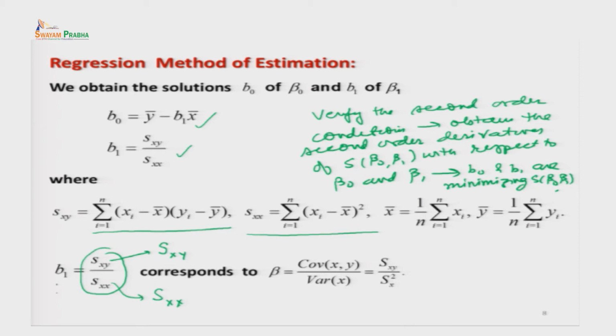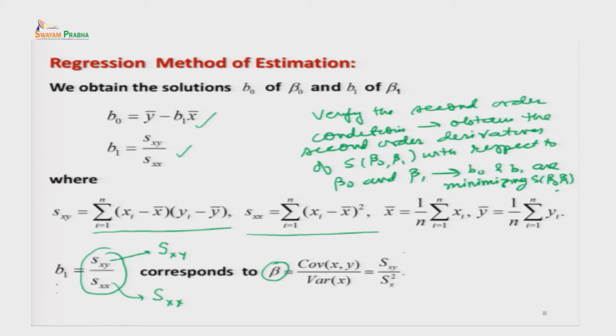So, this value of beta is the corresponding population value of the slope parameter in the line y equal to beta 0 plus beta 1 x plus epsilon in the population.